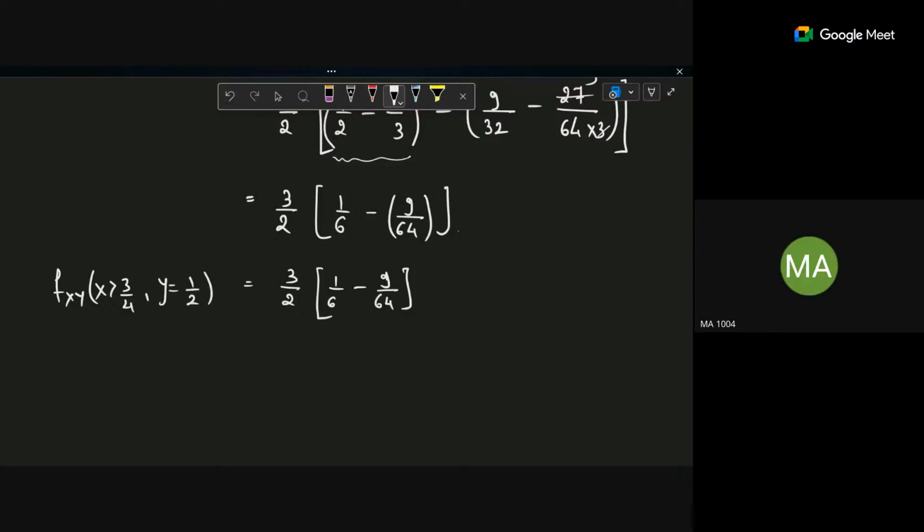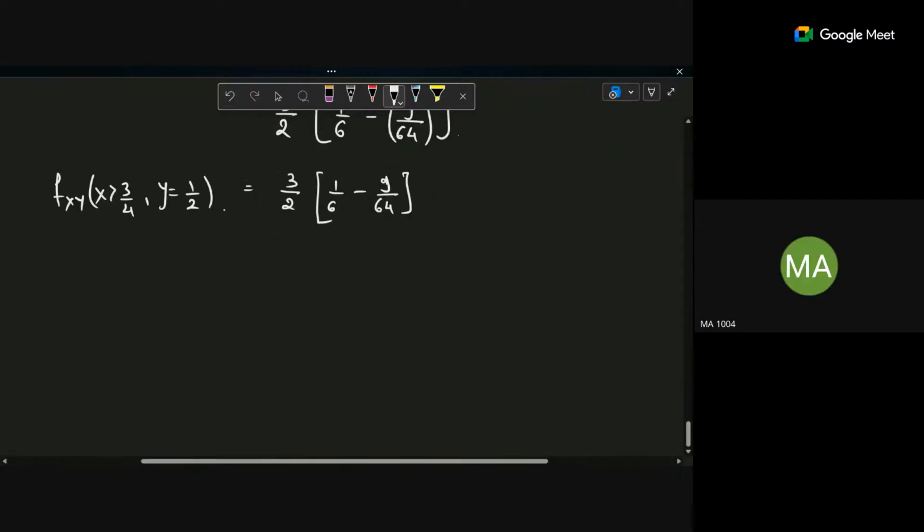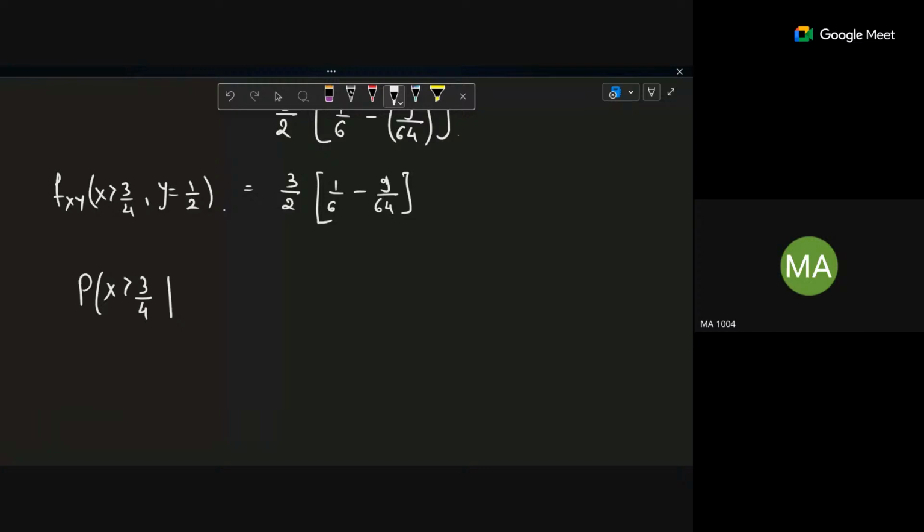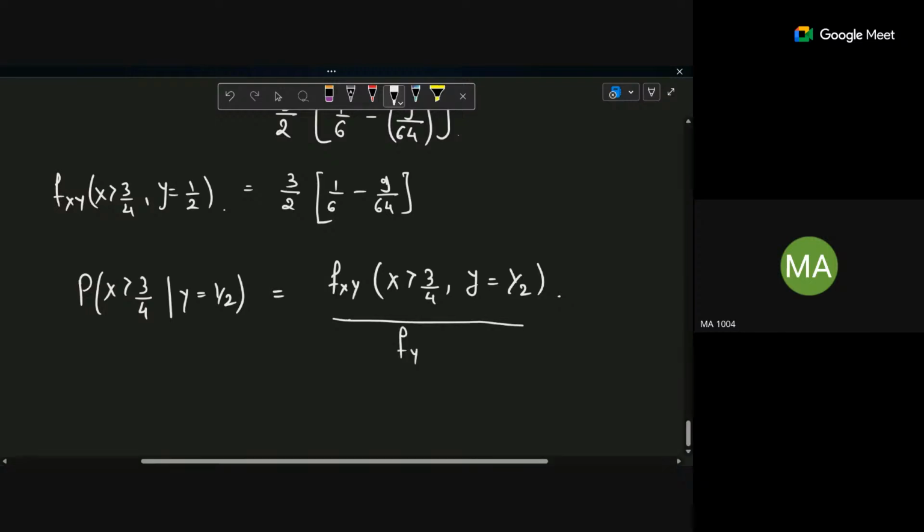We are finding the probability that x is greater than 3 by 4 given that y is equal to 1 by 2. So for that we need the joint PDF divided by our marginal. The calculation can be easy using that.